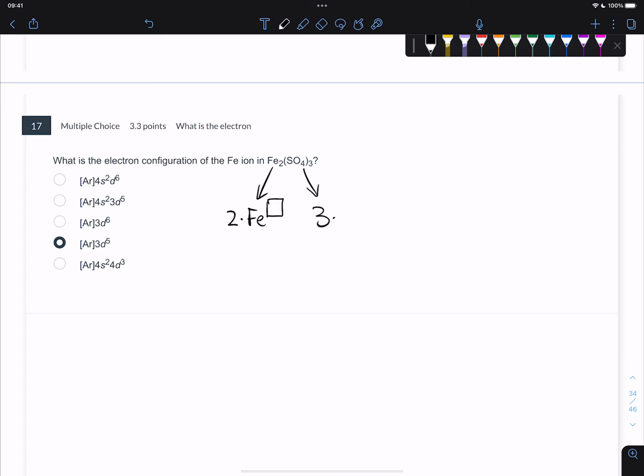There are 3 sulfates. Sulfate is SO4, 2-. You do just have to remember your polyatomic ions. Now, if there are 3 packages of sulfate, and every sulfate is -2, that tells us that the negatively charged part of this compound is going to have a -6 because you have 3 times 2-.